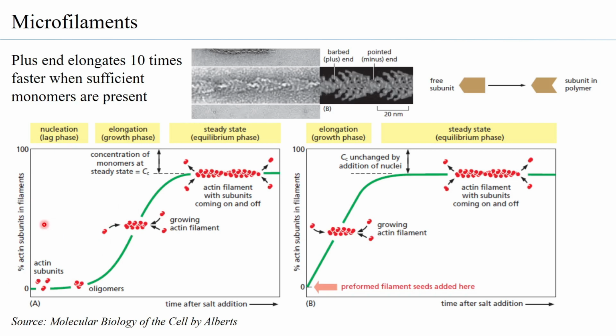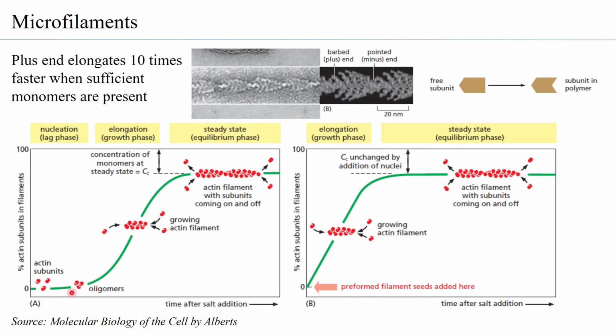with a solution having a certain salt concentration and of course the actin subunits, what was observed is that the actin subunits first come together, so the G-actin first could come together to form an oligomer, and it is this oligomer that becomes a nucleation oligomer for further growth of the actin filament.